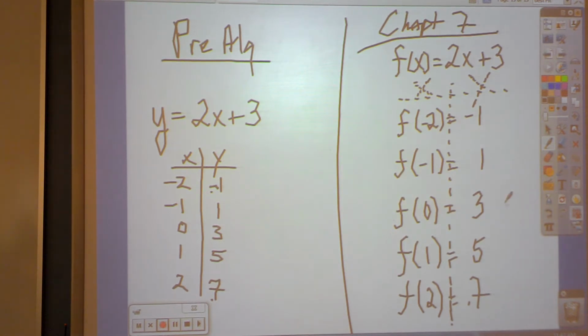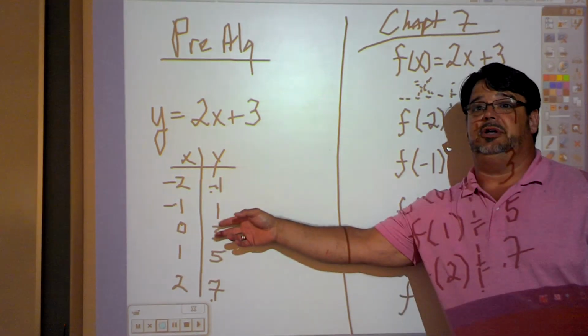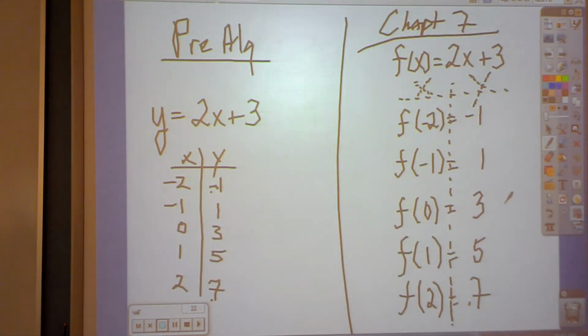Let's take this. I want you to graph these points right quick. Just graph it on a piece of notebook paper. Just graph those 5 points, whether you're in pre-algebra or chapter 7. Graph those points.